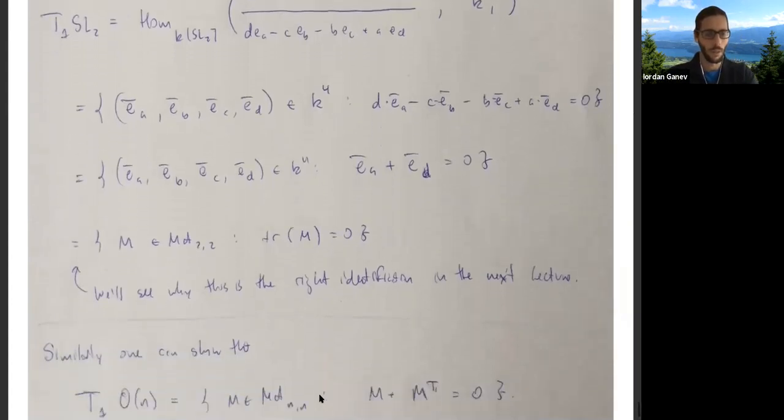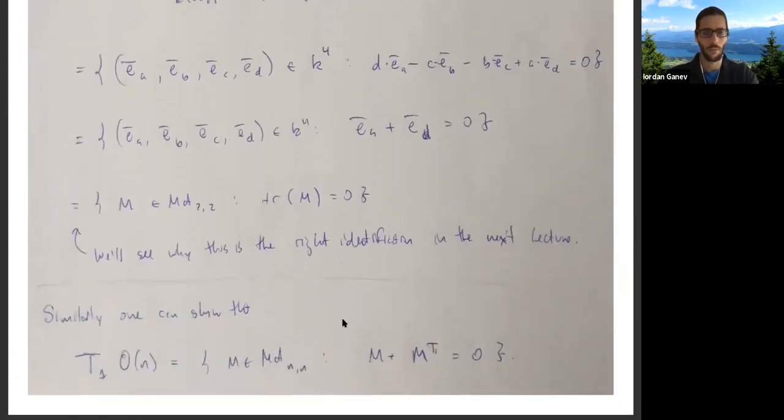And if you like this sort of computation, or if you want to get better at these sorts of ideas, you can compute what the tangent space at the identity of O_N is. O_N is the orthogonal matrices, so matrices where, when you multiply by the transpose, you get the identity matrix.